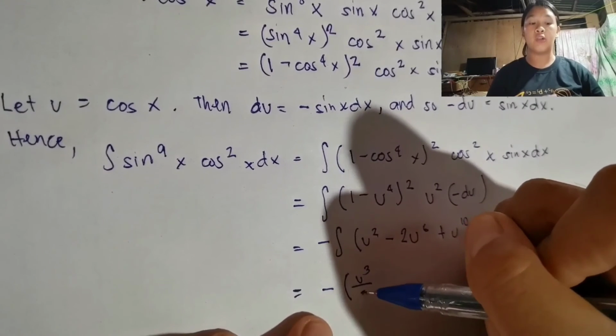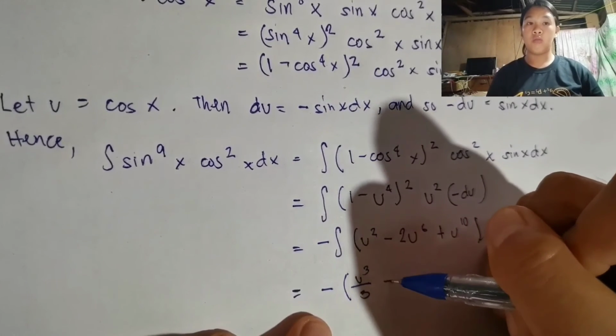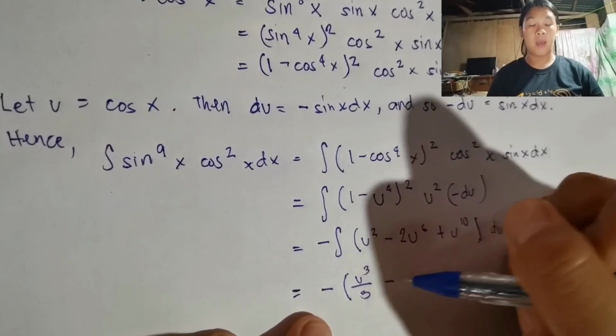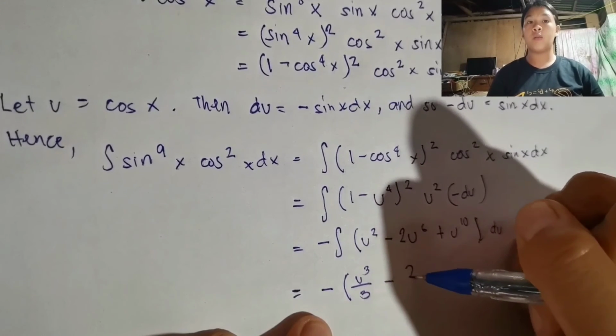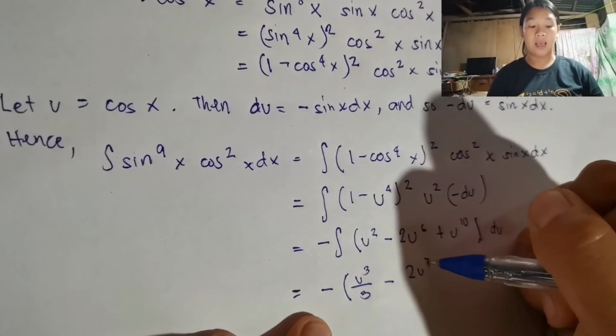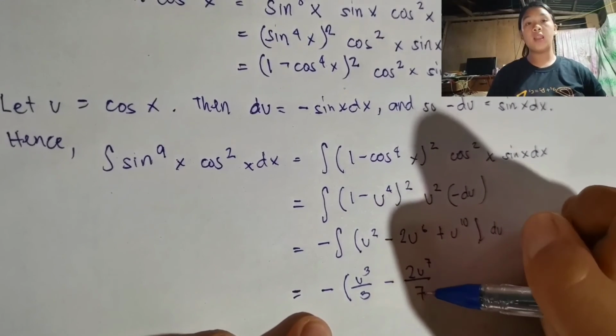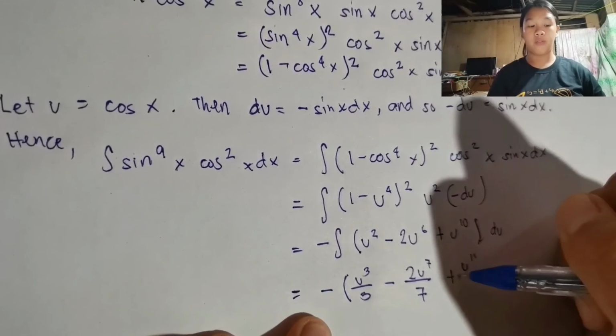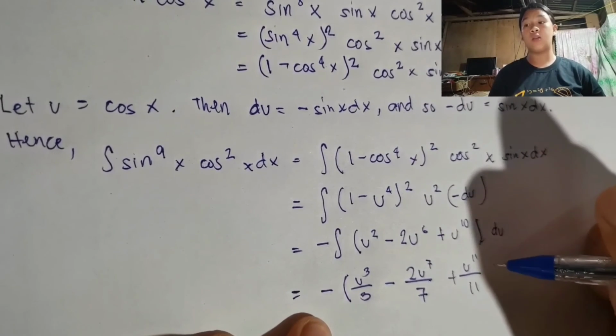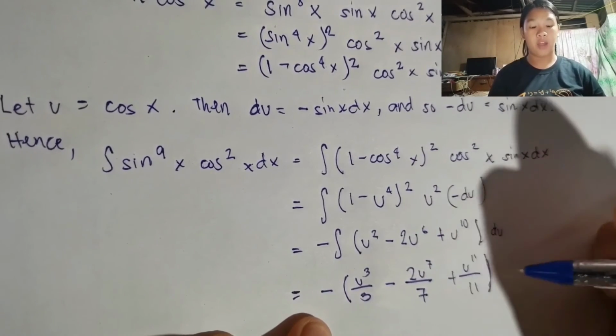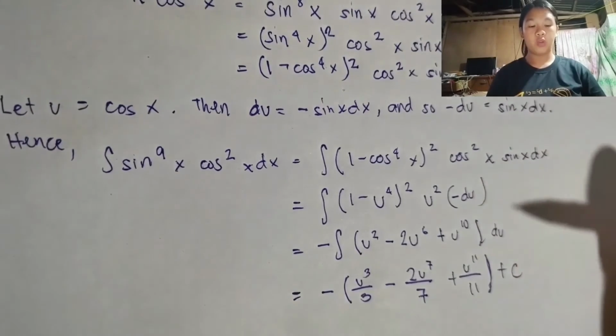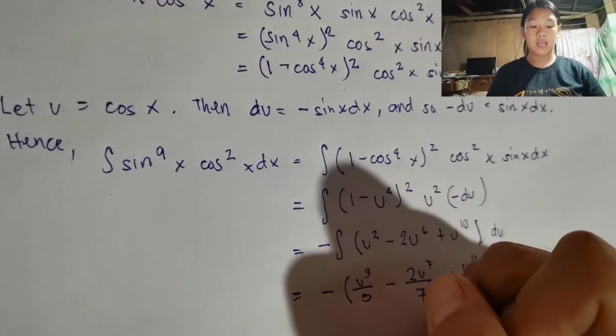Then here, we integrate the u squared, which becomes u cubed over 3. And then we integrate the 2u raised to the power of 6, which becomes 2u raised to the power of 7 over 7 plus, when we integrate u raised to the power of 10, it becomes u raised to the power of 11 over 11 plus c. So here we multiply by negative 1.